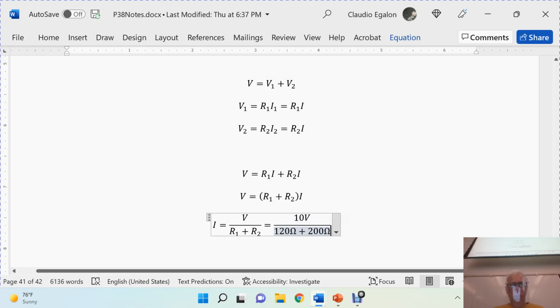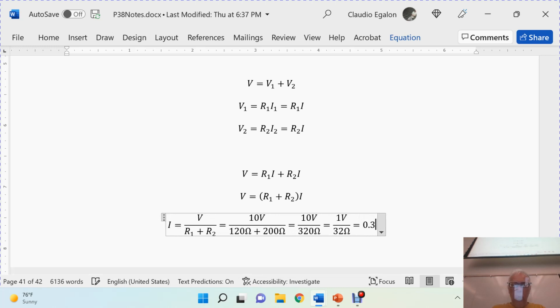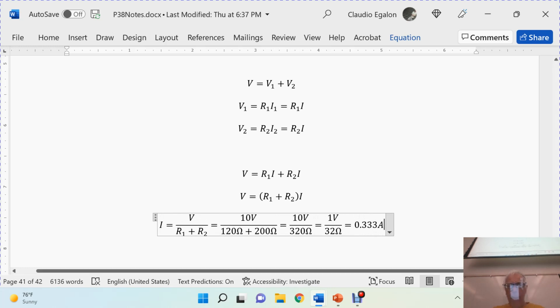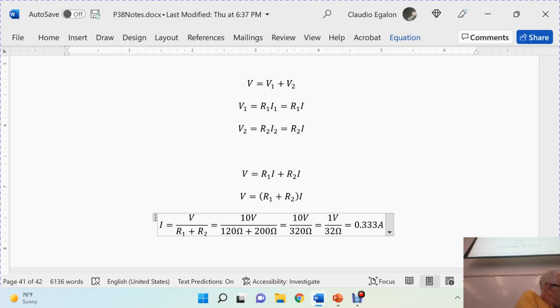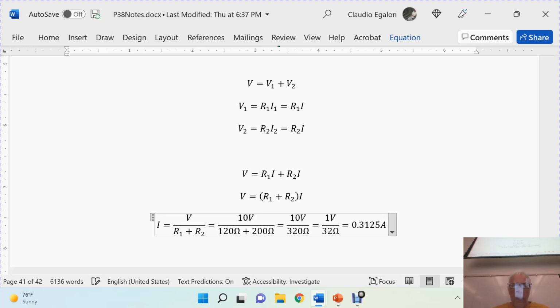Then you finish the math: 320 ohms. 10 divided by 320 is 1 divided by 32 amps, which is 0.3125 amps.